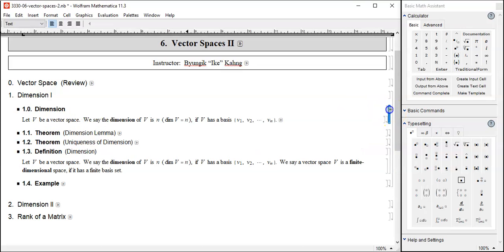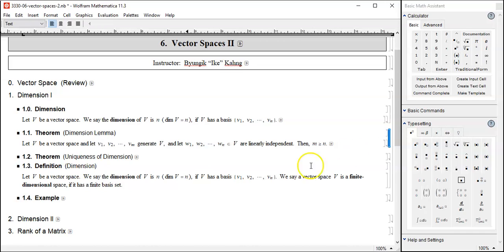Let's recap. From a vector space, we described the dimension concept as the number of basis vectors of a basis. But there's a bit of a problem. What if I select a different basis? So we're going to prove a certain technical lemma that if one set is a generator and another set is linearly independent, then m is greater than or equal to n.